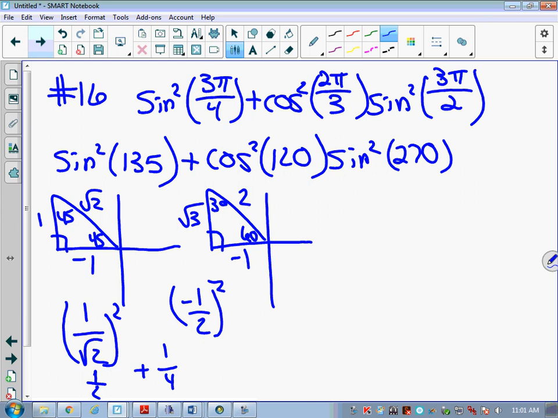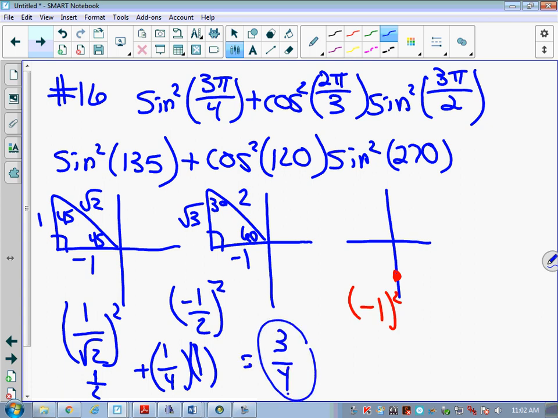And then sine of 270. Well, 270 is right down here, and sine at that position is negative 1, right? But we're squaring it, so it's just 1, right? So we're taking 1/2 plus 1/4 times 1, so it's 1/2 plus 1/4 equals 3/4.